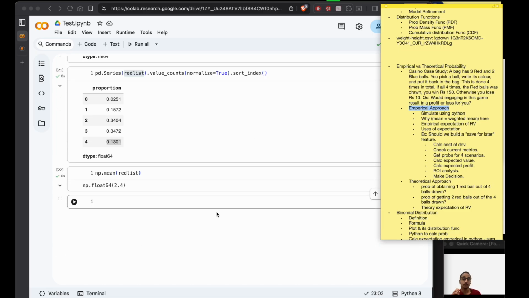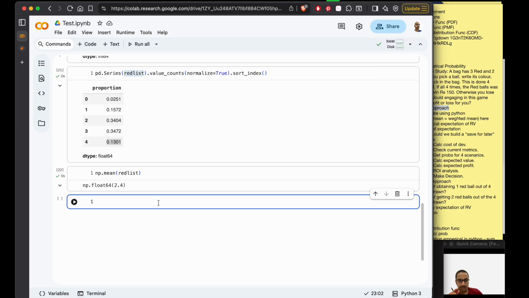Because if we have to model the random variable here, what is the way to win this game? The way to win this game is to get 4 reds, right? So that is the reason why we are looking at this expected value. So the expected number of reds is 2.4 in this case.